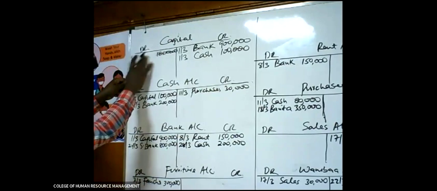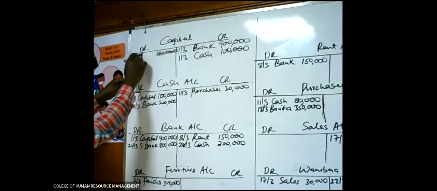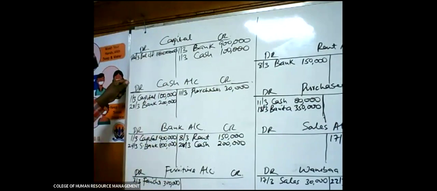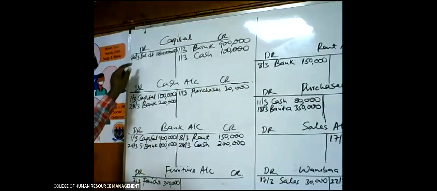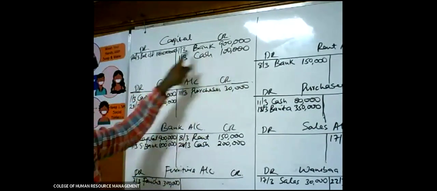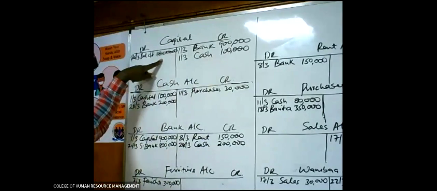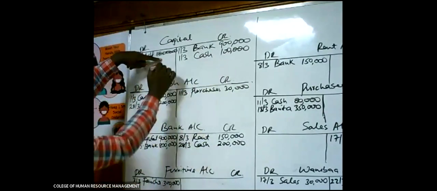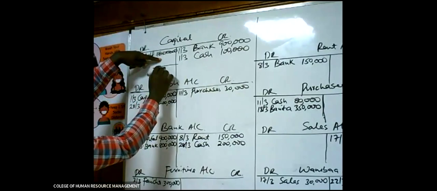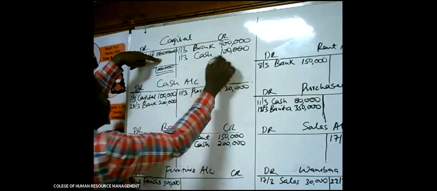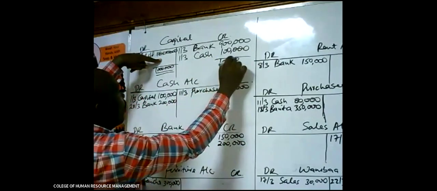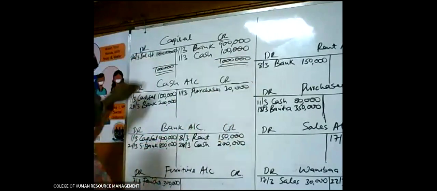The last transaction was on the 28th, so insert the balance carried down. For these two sides to be equal, we are lacking 1 million here, so that both sides can be equal at 1 million.